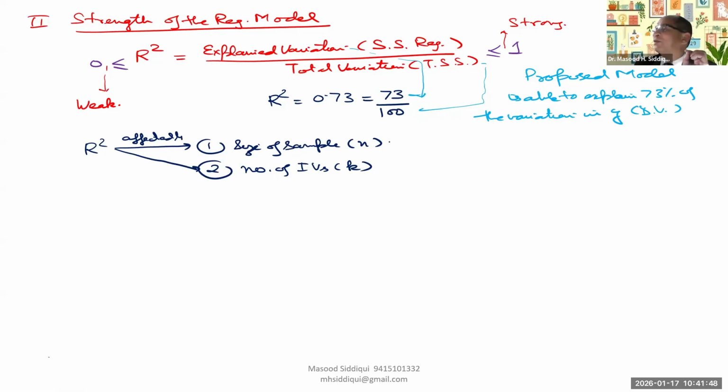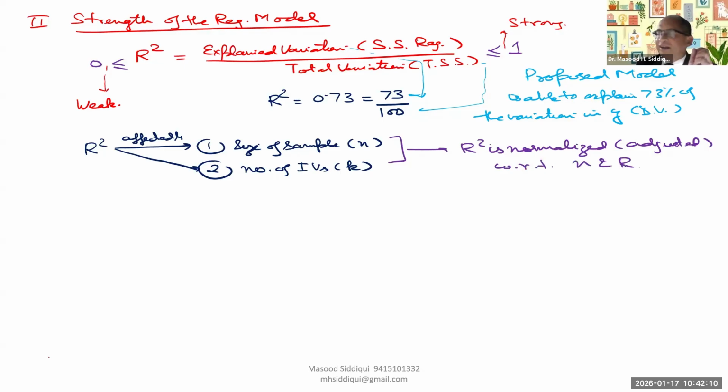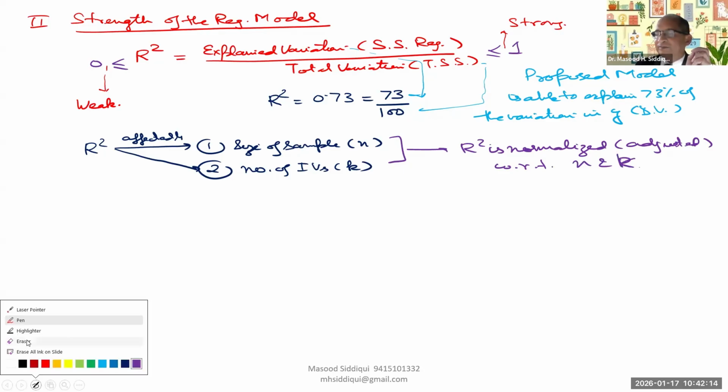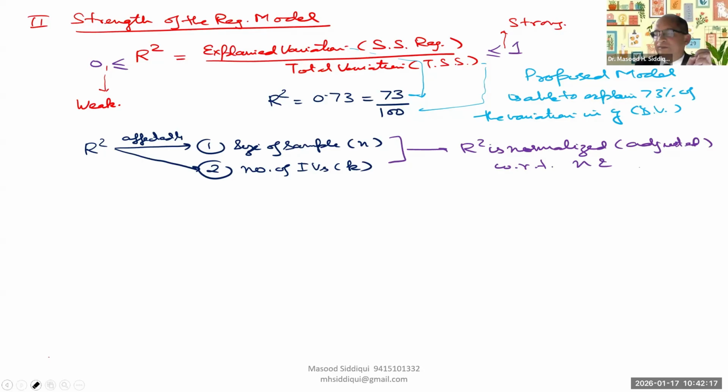Since it depends upon these two factors, this R square is normalized or adjusted with respect to n and k. Just a moment. Okay.